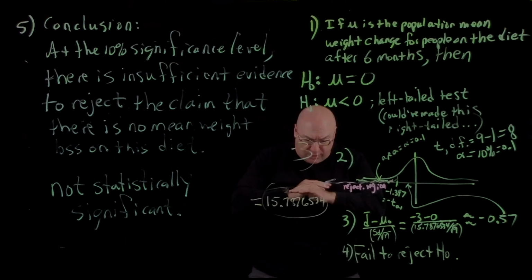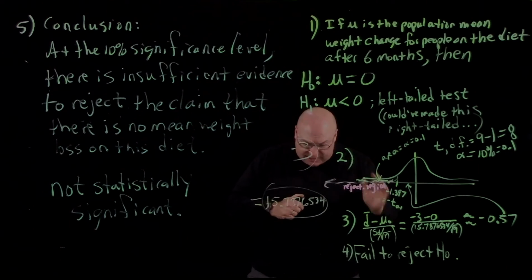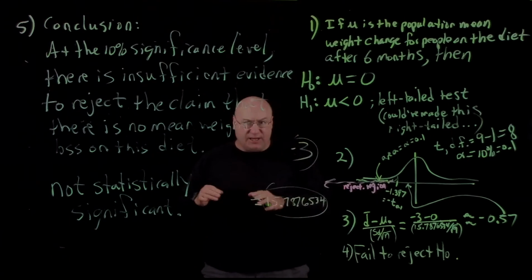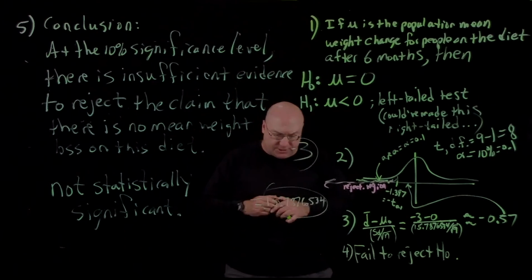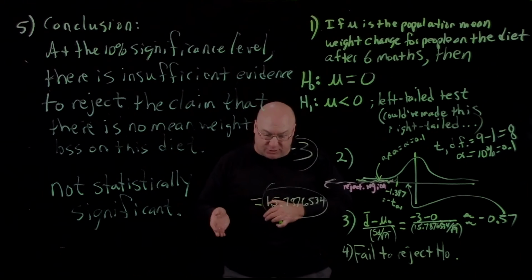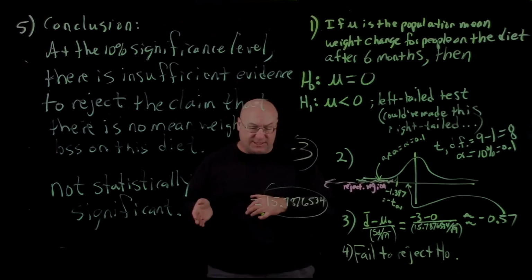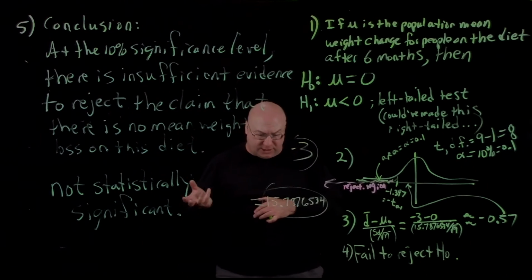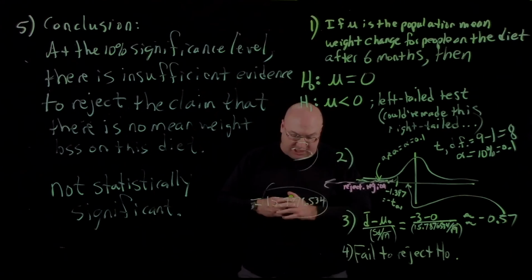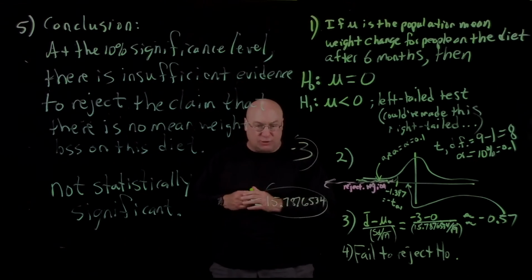Okay, so break with that, and then what I say below is, there's a lot of writing here, right? But this is a little bit of a new idea, or a couple of new ideas we're introducing here. So we failed to reject the null above, which, as I've said before, doesn't mean we necessarily believe the null to be true. Okay, it isn't necessarily the case that there is no mean weight loss. Often when we fail to reject the null so that our result is statistically insignificant, it can simply be because our sample size was too small.